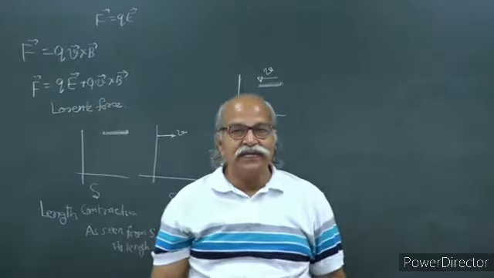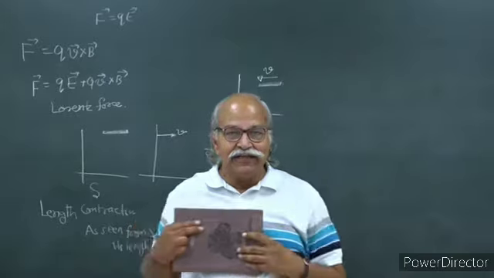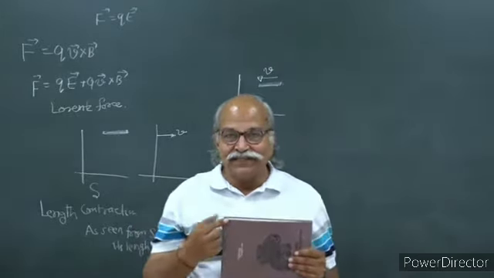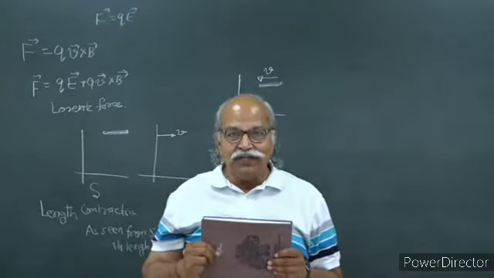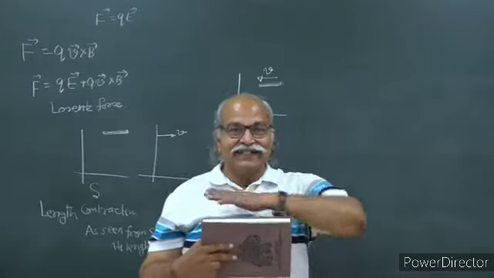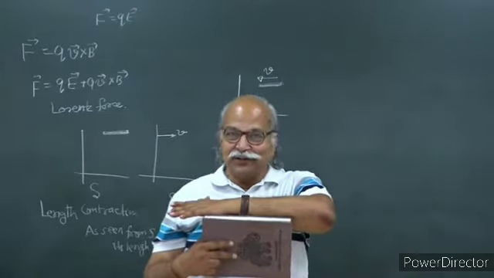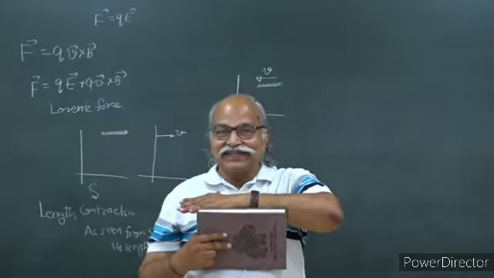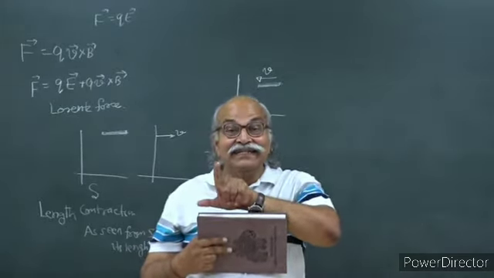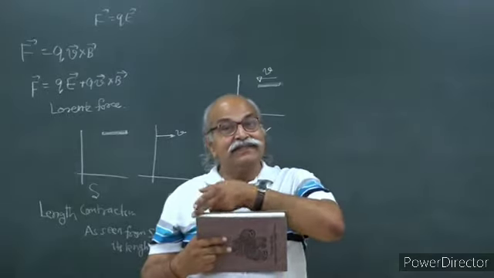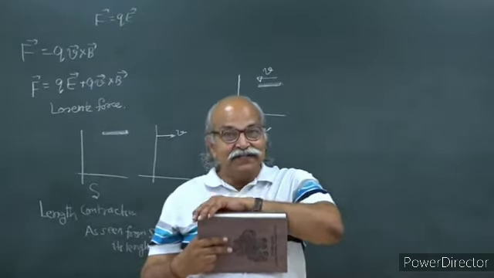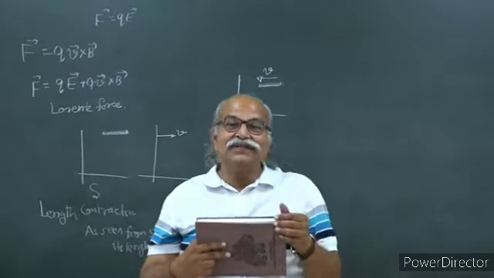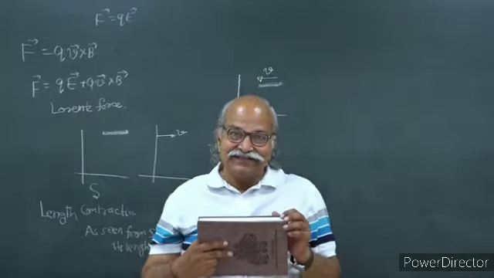So, if this object is moving and I want to know this length, then what is the rule? The rule is keep that meter scale, but then it is moving. So, make sure that at the same instant you measure the reading of the left end and the reading of the right end, okay?